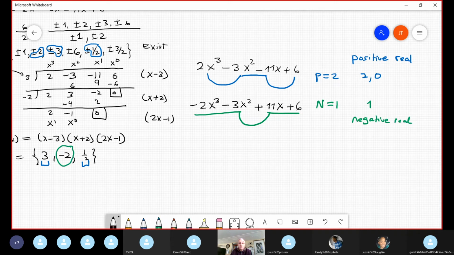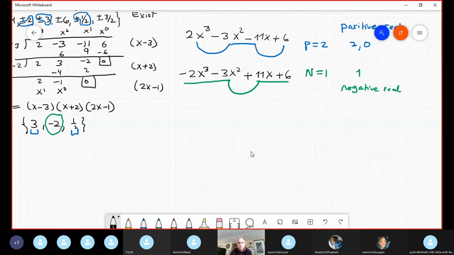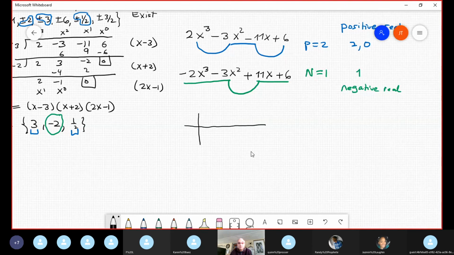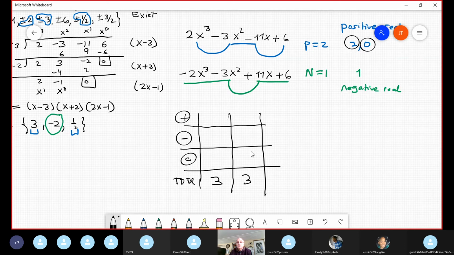So as we do, for example, the chart, it summarizes everything about the nature of the zeros. This row corresponds to the positive, this row to the negative, this row to the complex, and this row is the total. The total in our polynomial is 3, because the degree of the polynomial is 3. But we have 2 combinations. Why do we have 2 combinations? Because we have 2 numbers here, 2 and 0. Negative real is only 1 combination: always 1.